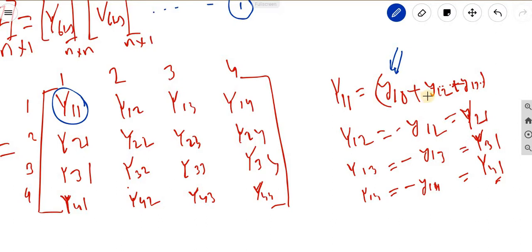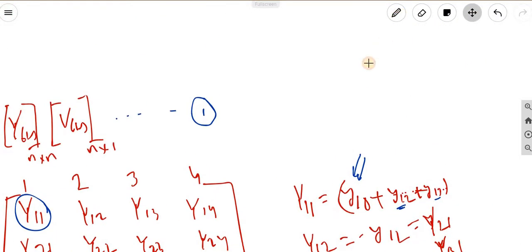And if this bus is connected with others, suppose connected with 2, connected with 3, connected with 4, then all the admittance values will come, as the sum of this Y12, Y13.